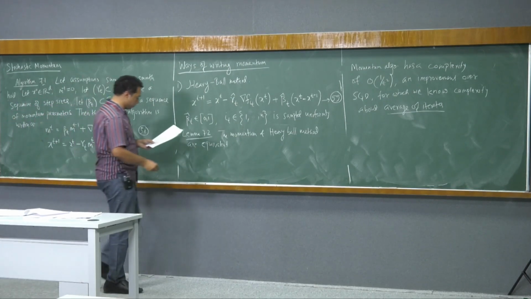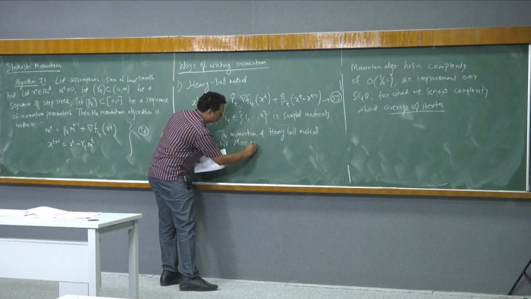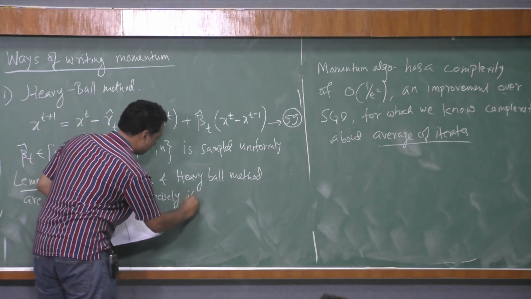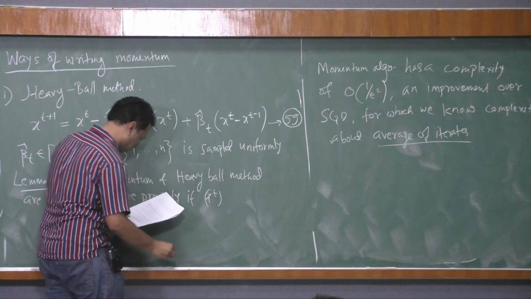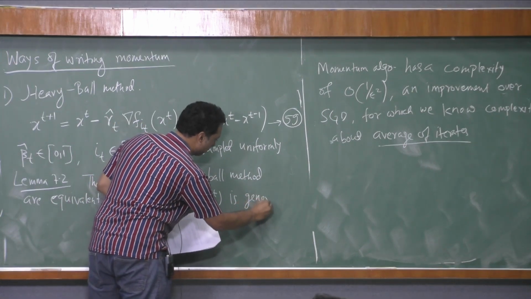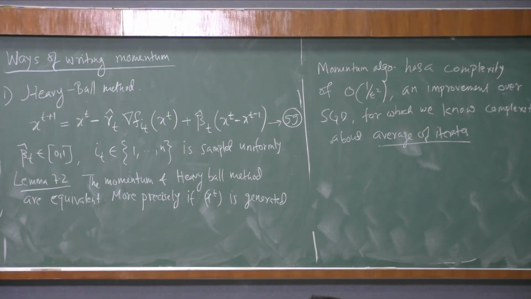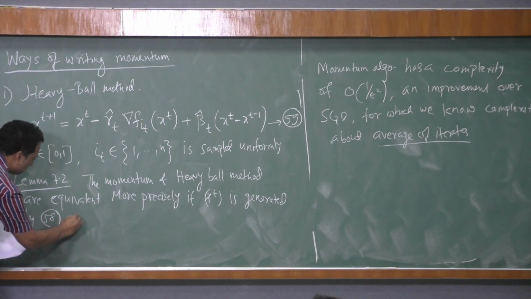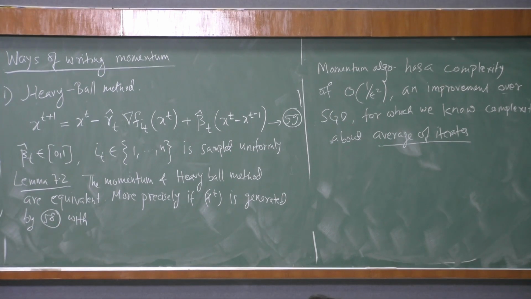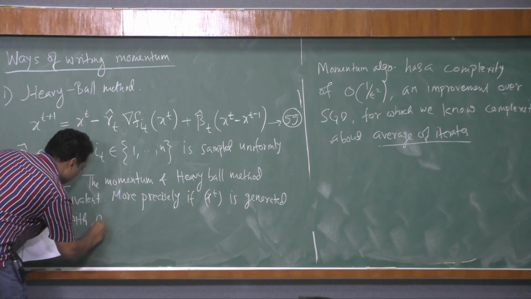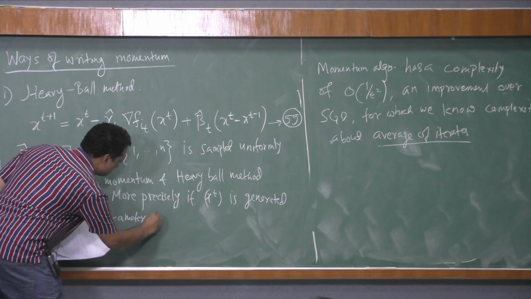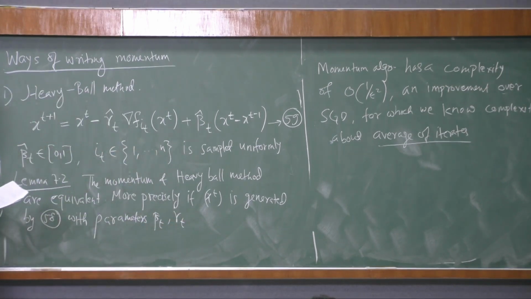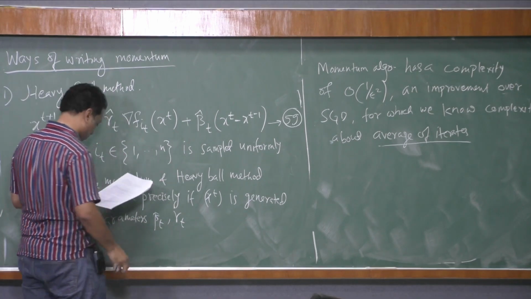To make it more precise, if x_t is the iterate generated by the momentum based method, say by equation 58 with parameters beta_t and gamma_t, then it verifies 59 with slightly different choices of gamma and beta.